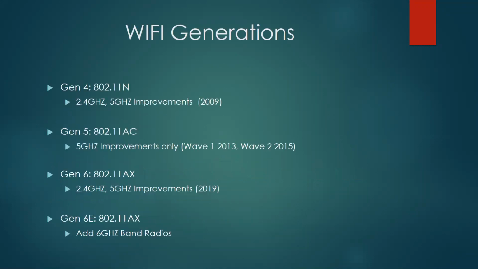They've started now redoing the way that they present the generations. Before it was always the letter. So Gen 4, which they'll call Gen 4 now, was 802.11n. Gen 5, 802.11ac. And then the current generation, Gen 6, is 802.11ax. So when you see 802.11ax or just ax, Gen 6, those are all interchangeable terms.